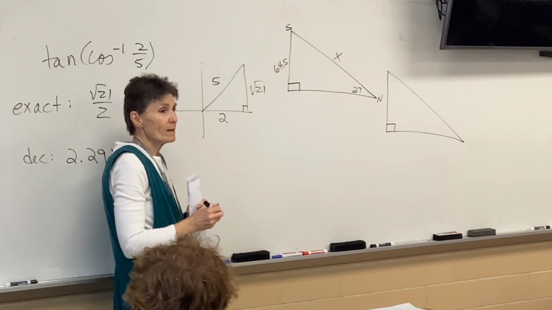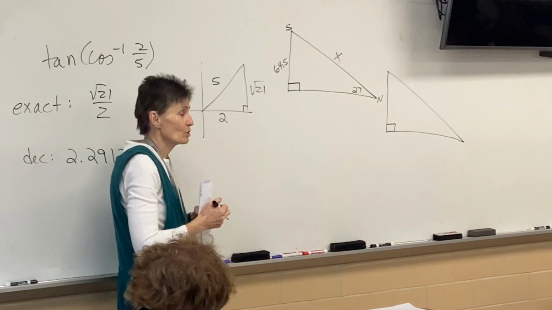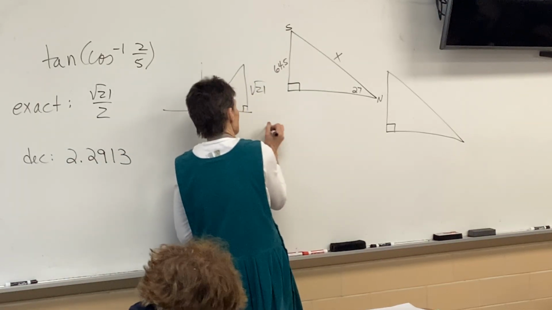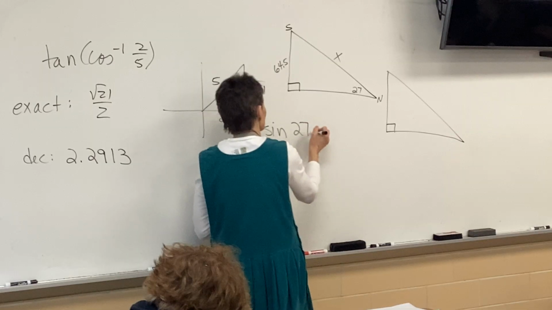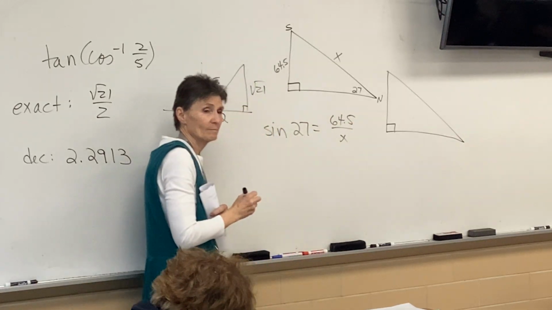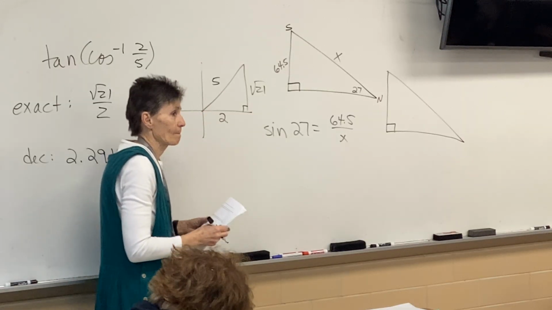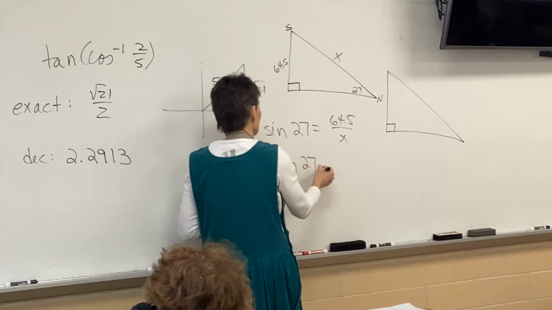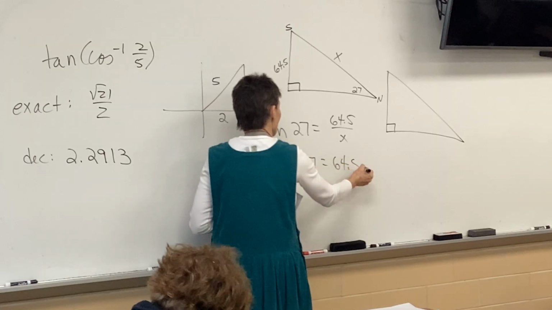Then I write an equation. What's my equation? Sine, cosine, or tangent? Sine 27 equals 64.5 over X. So X sine 27 equals 64.5.